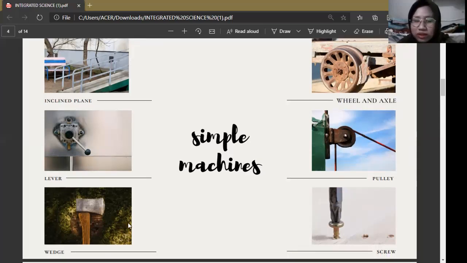It's very easy, it's an axe. The next one is the wheel and axle. It's very easy too, you can find it anywhere. Then the pulley. And the last one is the screw. Please be careful with your pronunciation and the meaning behind the word, because the screw here is the noun screw, not the other word, okay?